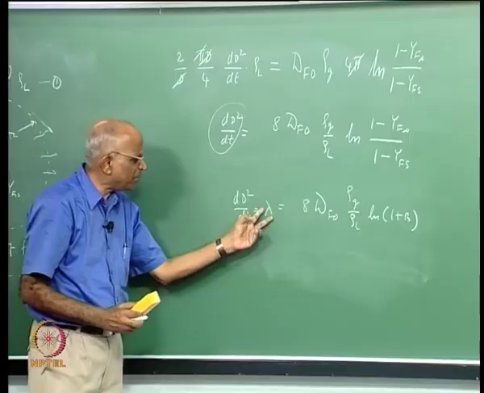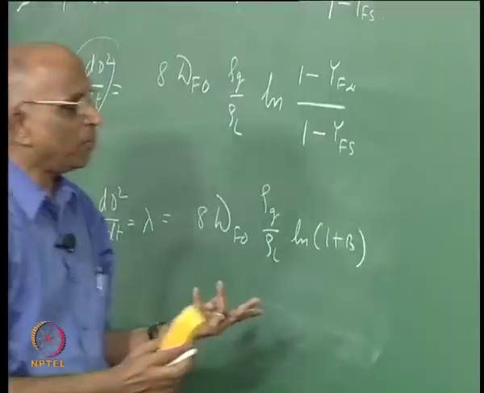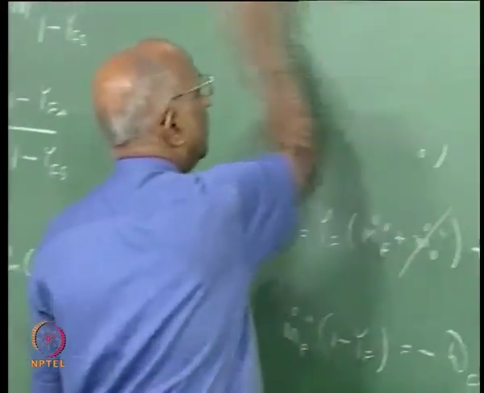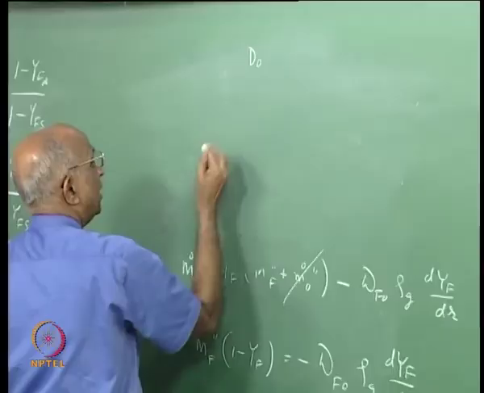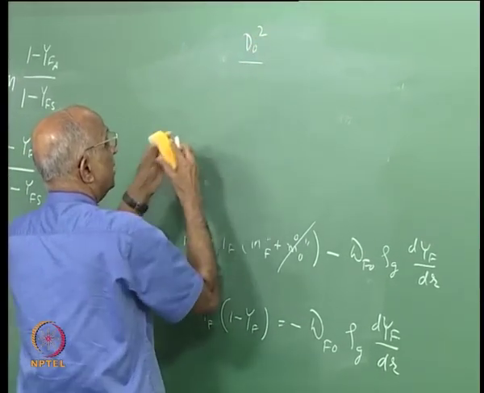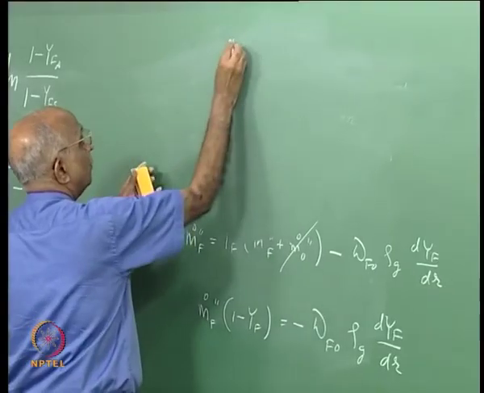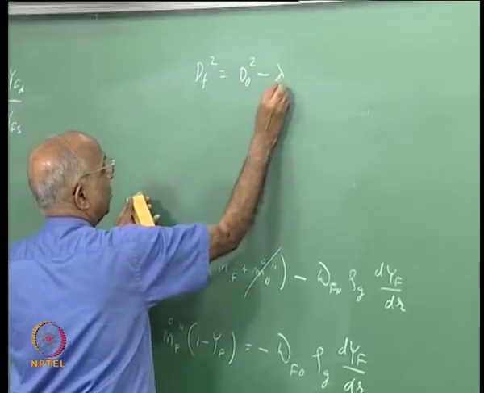Therefore, I find the evaporation rate is a constant, and the time taken for a droplet of size d naught to evaporate will go as d naught square. That means the final value d f square is equal to d naught square minus lambda t.